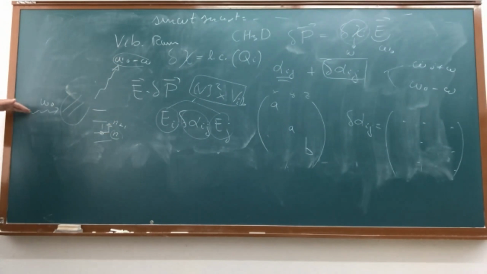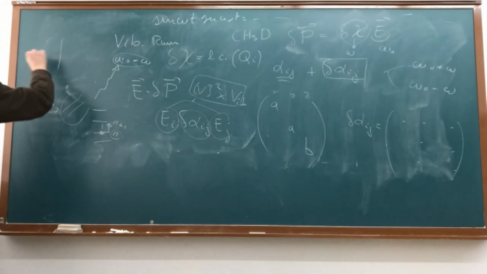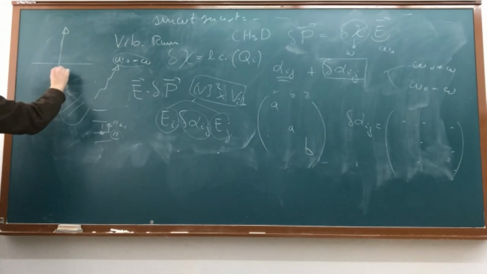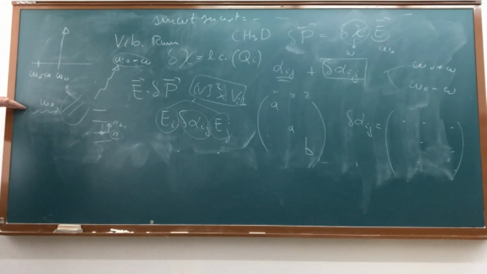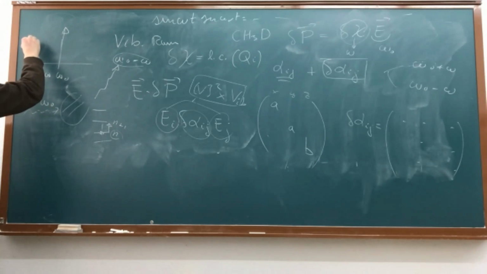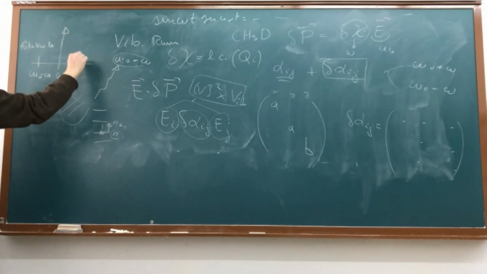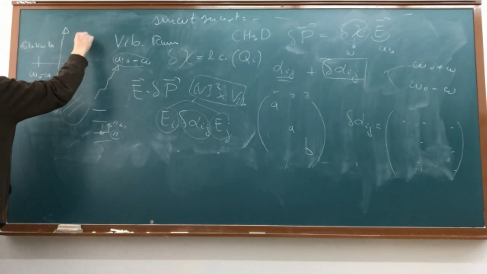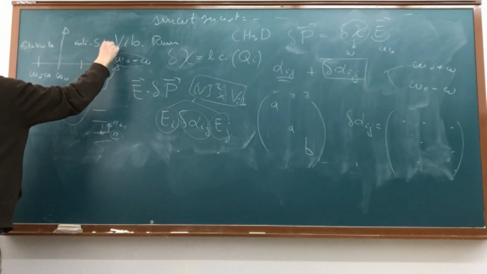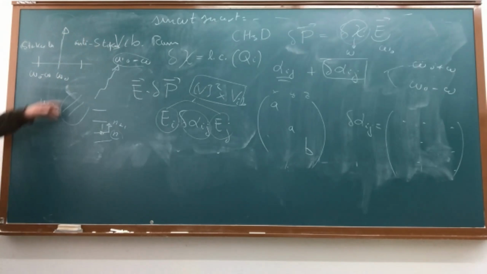Okay, so when this happens, I get the Rayleigh line, omega 0, and I get this one, just because the photon has given part of its energy to a vibrational mode, has excited it. This is called the Stokes line. And here is the anti-Stokes line, which is just the opposite.